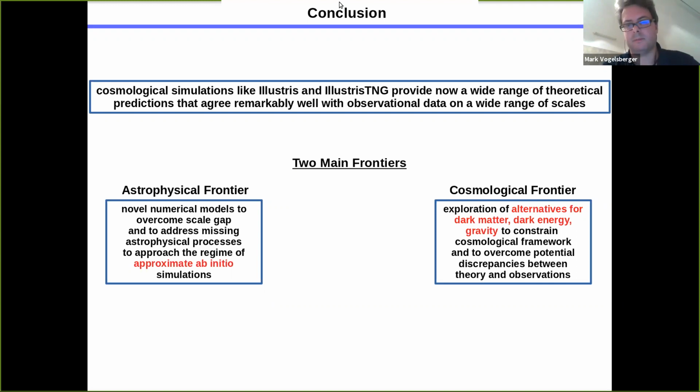Eventually this will probably be organized in a more efficient way, where groups build larger collaborations. There are already larger collaborations. For example, in Europe there's the Virgo consortium, which has a lot of members and just runs one big simulation every couple of years. So maybe that's the model forward.